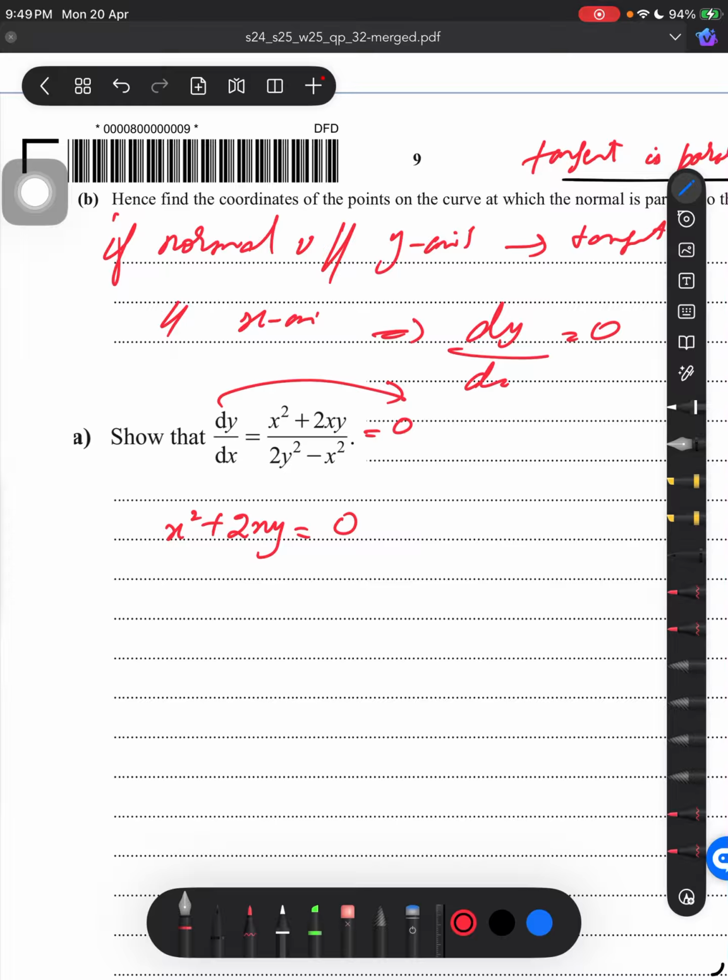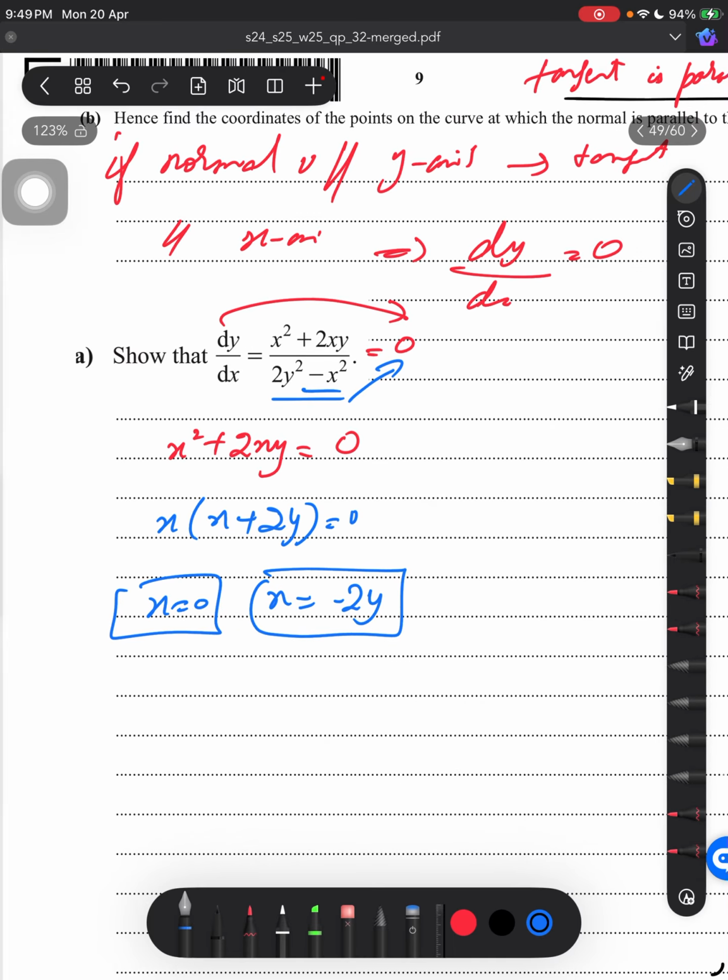So the whole denominator turns out to be 0. If you take x common, x plus 2y equals to 0, so for one value x will be 0 and the other value will be x equals minus 2y.